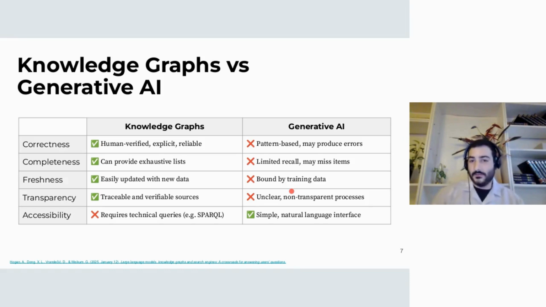It's difficult to understand where a response comes from. The only downside of knowledge graphs is that they require technical queries. You need to understand how SPARQL works, how to write SPARQL to be able to access the data. But with generative AI, it's simple to access with natural language interfaces.